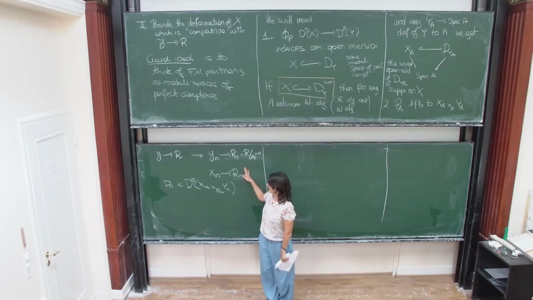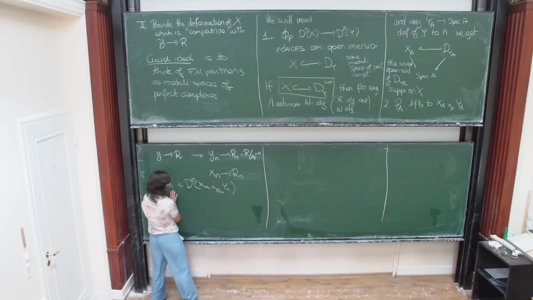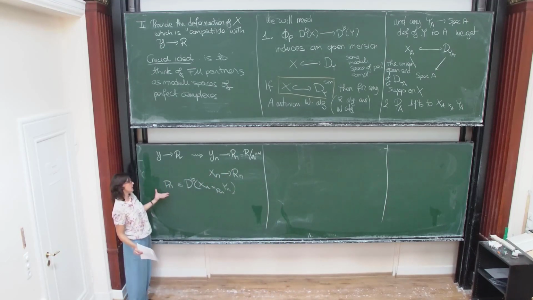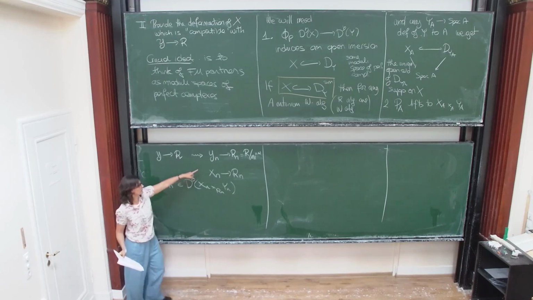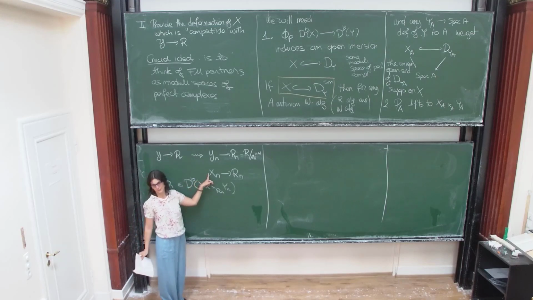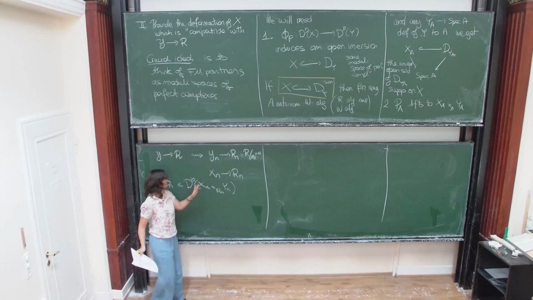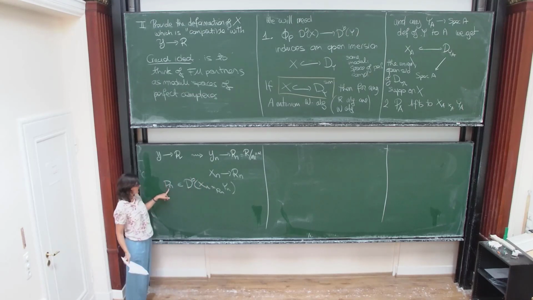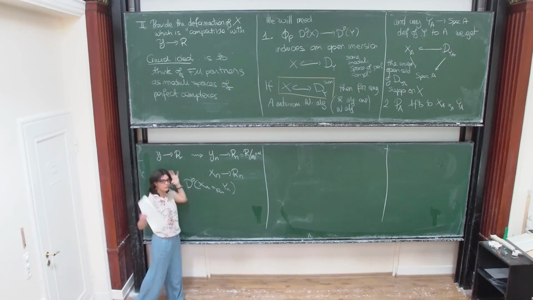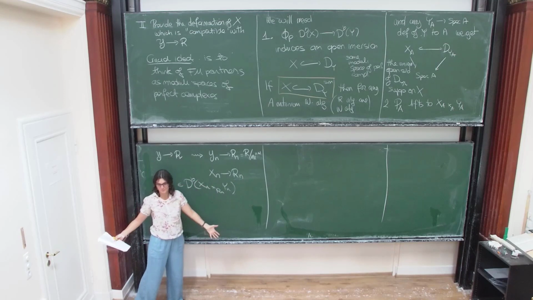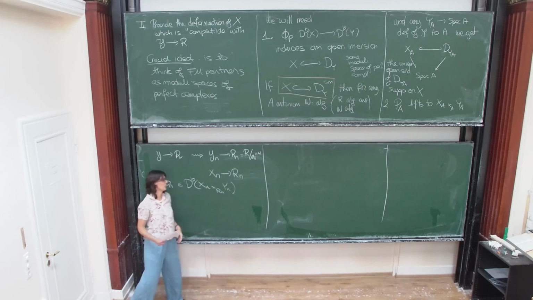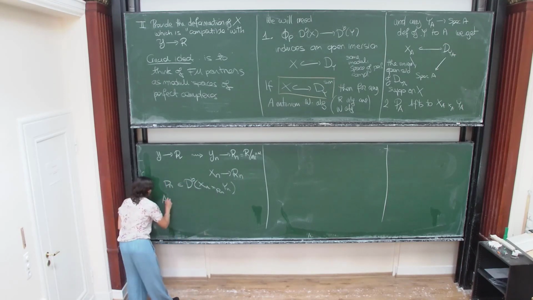Now the problem is algebraization. So first, this gives us a formal scheme, a priori, not an algebraic scheme. And this Pn will give a formal object on the formal scheme. And so now the problem is algebraization.